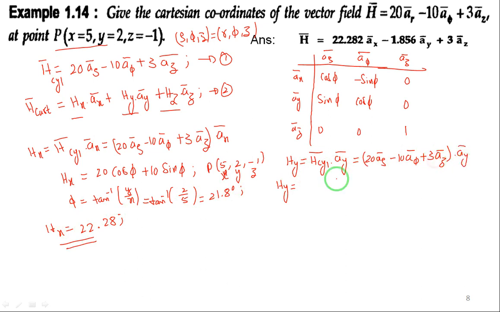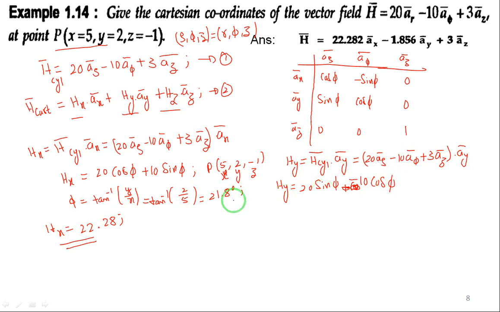A rho into ay is sin phi, so we get 20 sin phi. Then minus 10 a phi into ay. Looking at the table, a phi into ay is cos phi, so minus 10 cos phi. Then plus 3 az into ay; az into ay is 0.